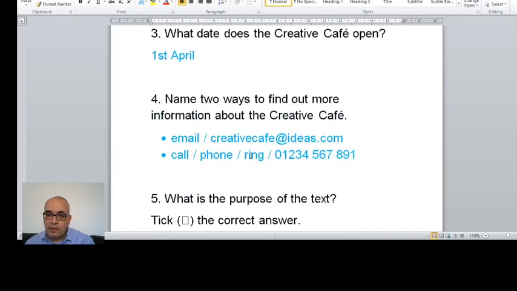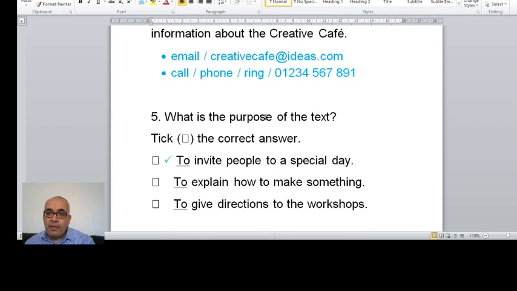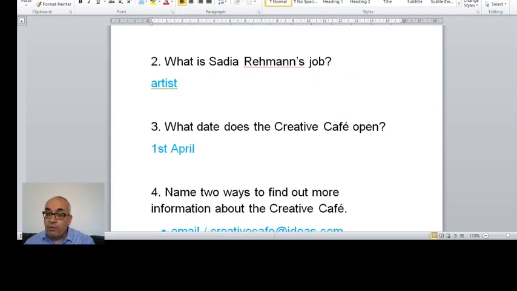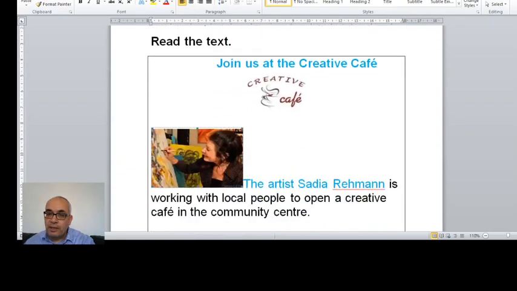Name 2 ways. What's the purpose of the text? Again, I explained purpose. The purpose of the text is to invite people to a special day. How do I know? Let's come back to the text. Join us at the Creative Cafe. So this sentence tells you what? They are inviting you to come to the Creative Cafe.